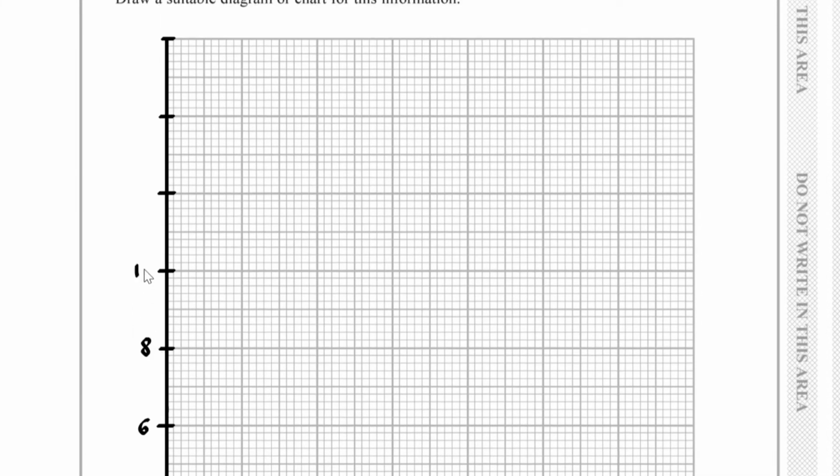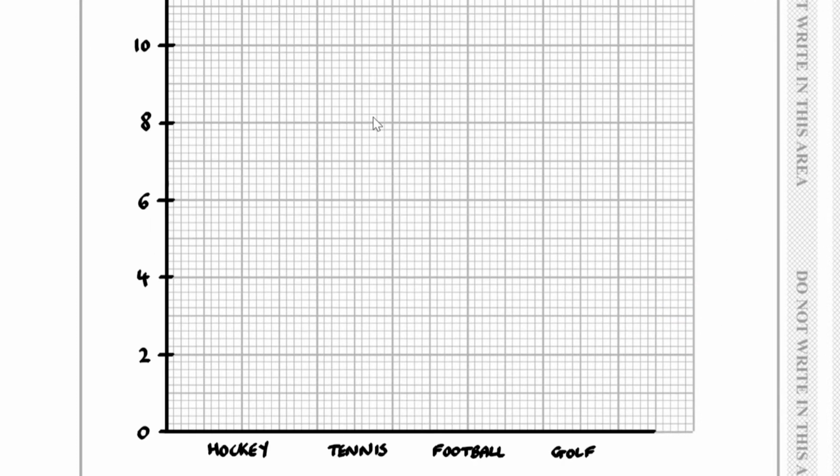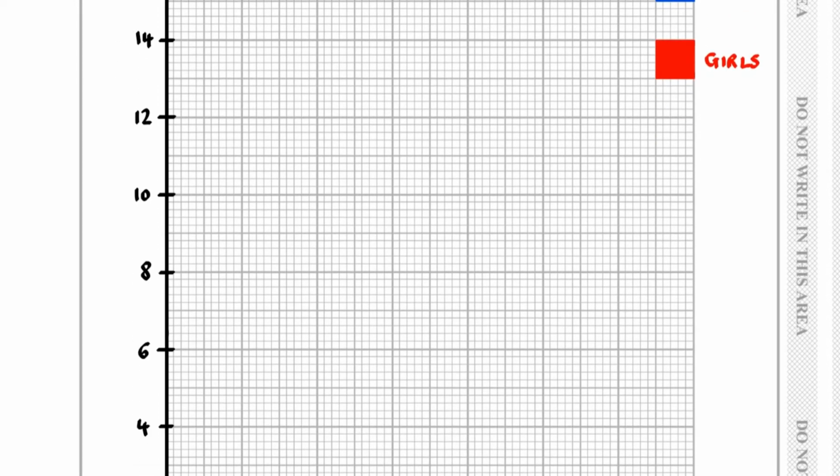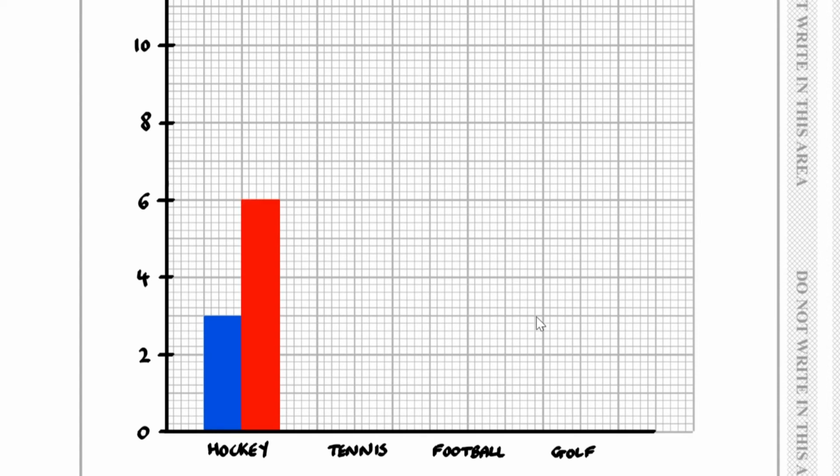8, 10, 12, 14, 16. And now we've got information for boys and girls. Now, what we need to do before anything else is actually make a key. Well, if we said the blue is boys and the red is girls, well, what we can see for hockey, we've got 3 boys, 6 girls.